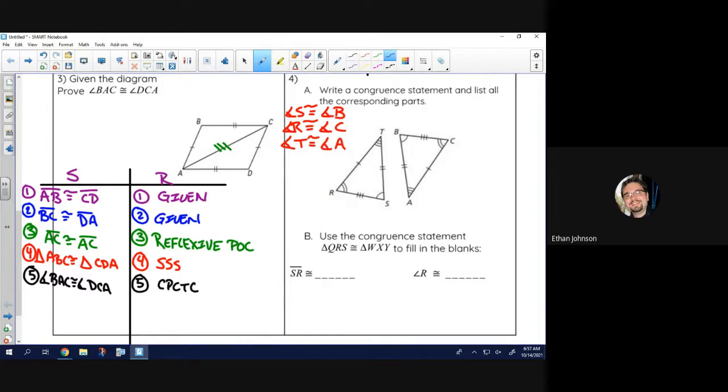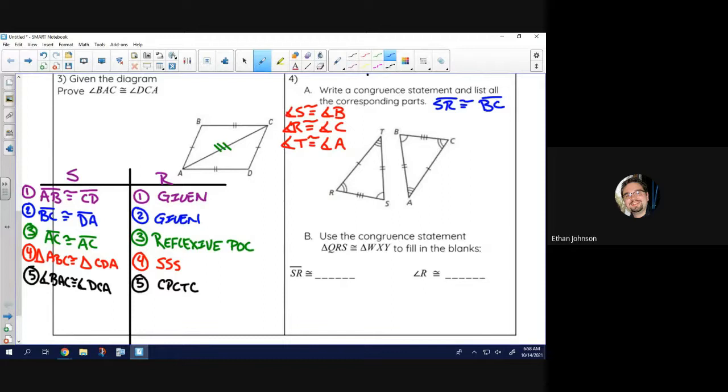So those are our angles. For the sides, SR has 3 ticks, so that has to match. So segment SR has to match BC, which also has 3 ticks.